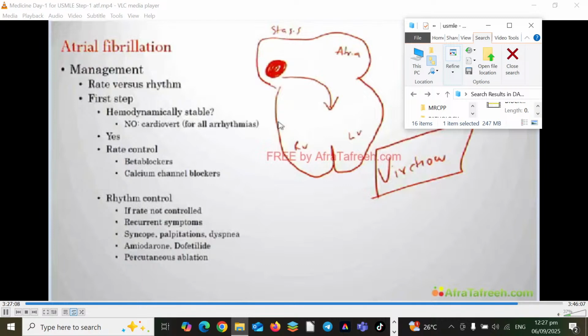By knowing this, you decide should you thin his blood or not.